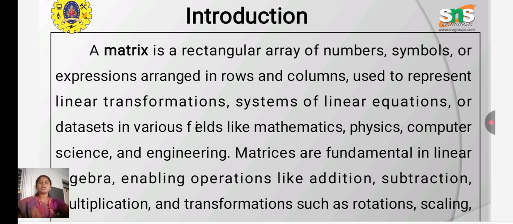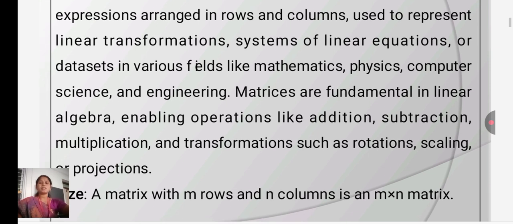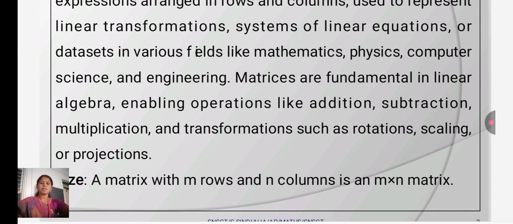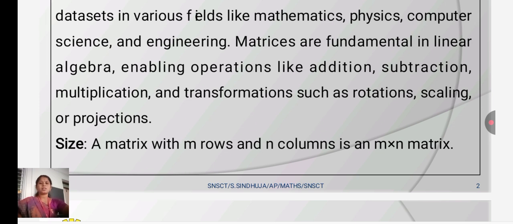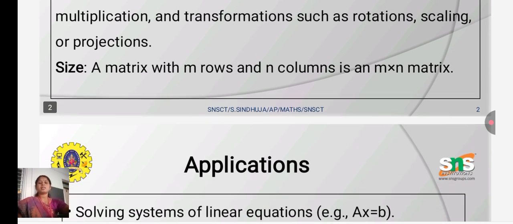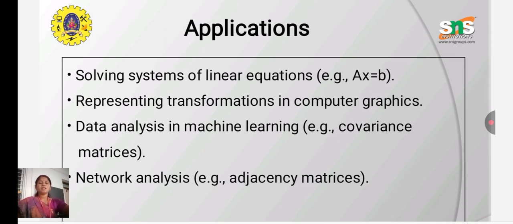Matrices are fundamental in linear algebra, enabling operations like addition, subtraction, multiplication and transformations such as rotations, scalings or projections. The size of a matrix is represented as m cross n, where m represents rows and n represents columns.